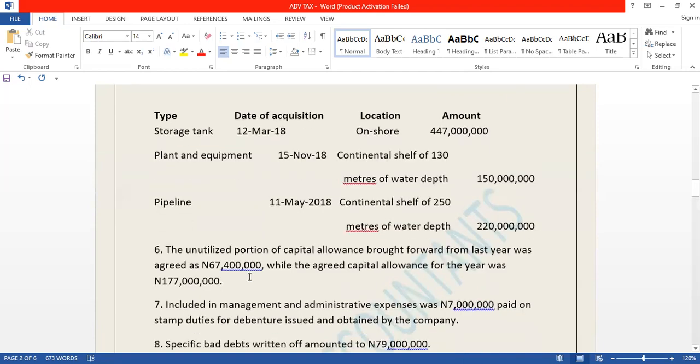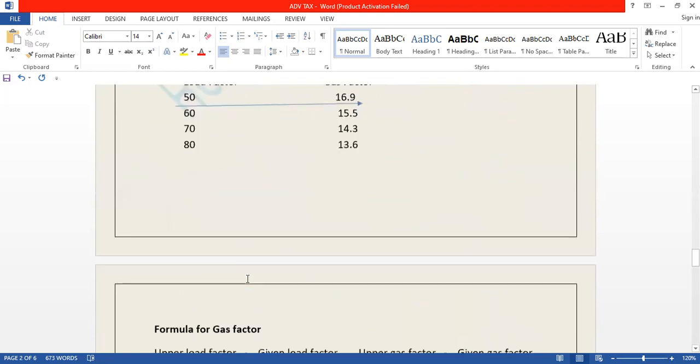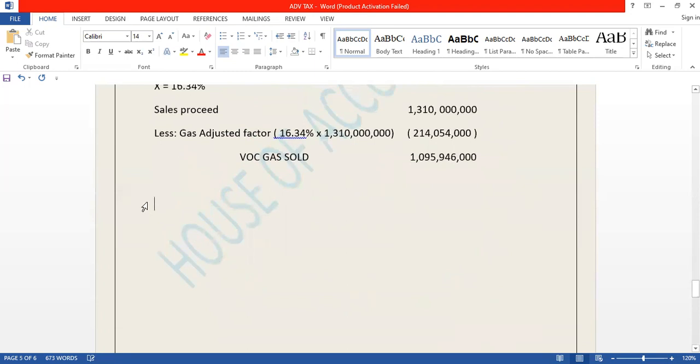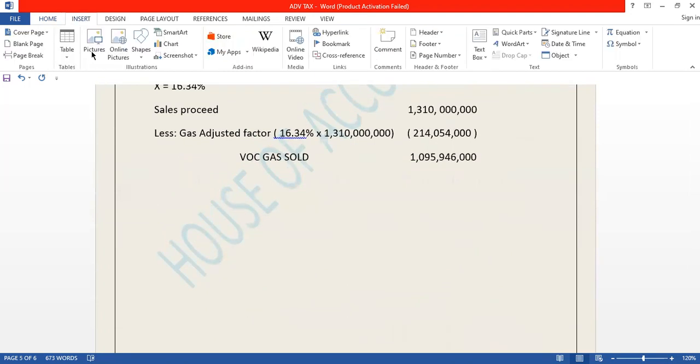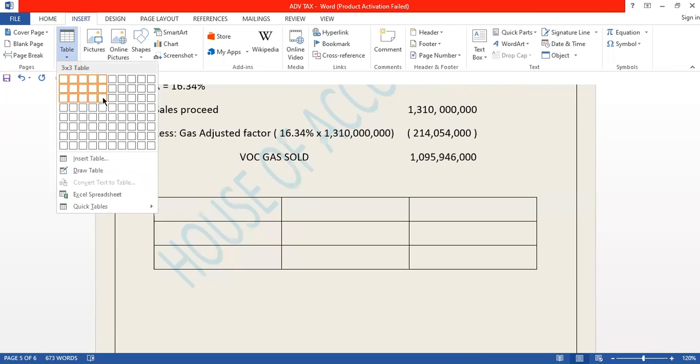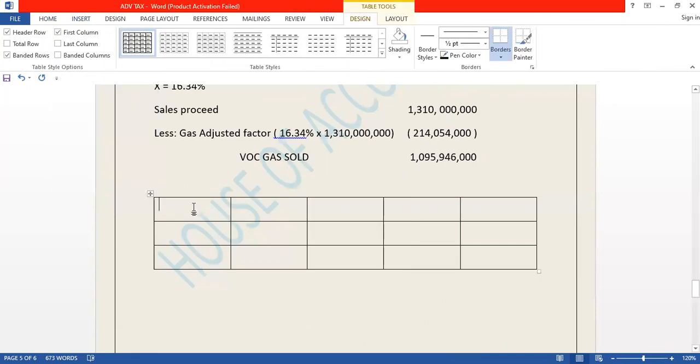So to calculate that, we have to come back here. I think we should use a table to make our work well arranged. So in this case, we are going to have the year of the asset. And we are also going to have the name or description of the asset. So we can call it asset. Then under this as well, we can have the location of the asset as given to us in the question.